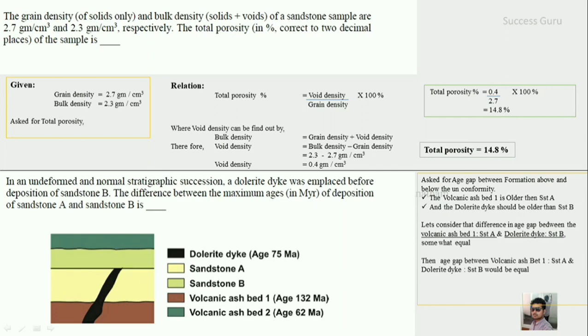They have given the age of this volcanic ash as 132 million annum and this intrusion as 75 million annum. By subtracting these two, you get 57 million years, and that could be the maximum age gap between these two sandstones, right? Because we don't know the actual age of this sandstone, but we can compare it with the adjacent beds, and we have calculated it, right?